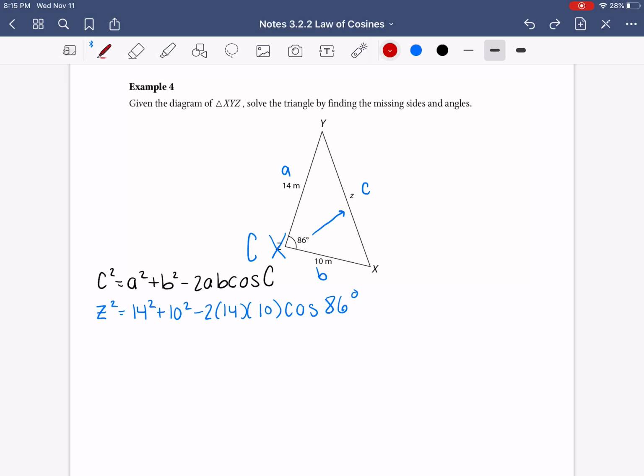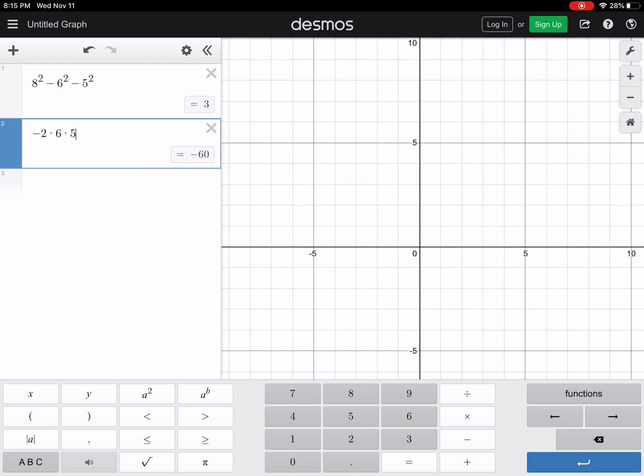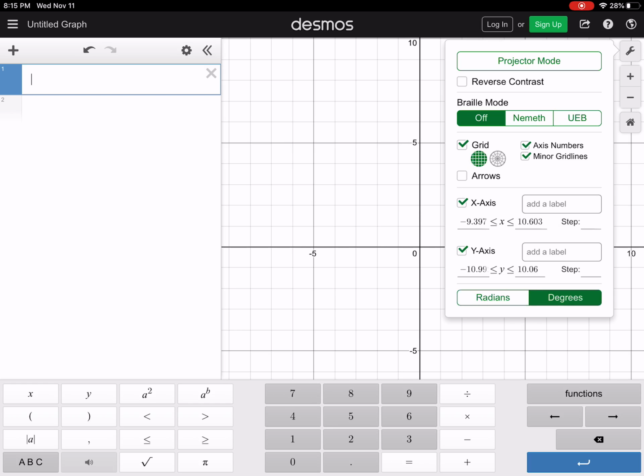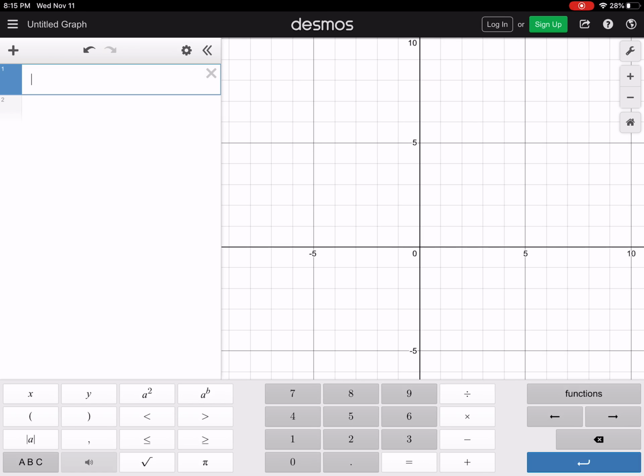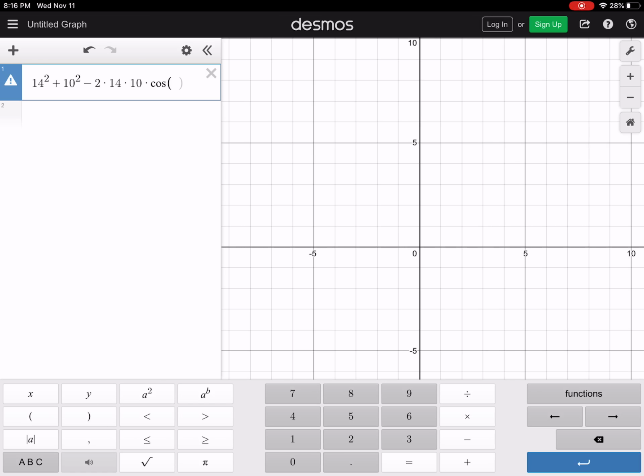So I get z squared equals, and this is the one I could just use the calculator for. I'm going to type that whole thing into Desmos. Remember, I'm in degree mode because that's how they gave it to us. So I have 14 squared plus 10 squared minus 2 times 14 times 10 times the cosine of 86 degrees.